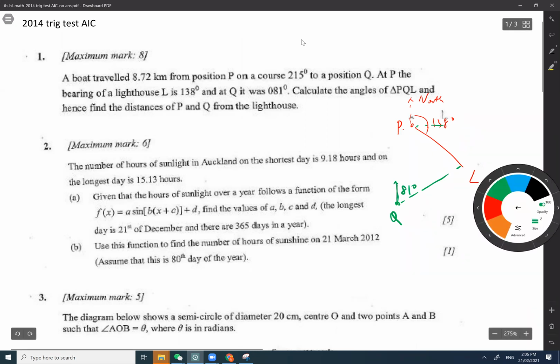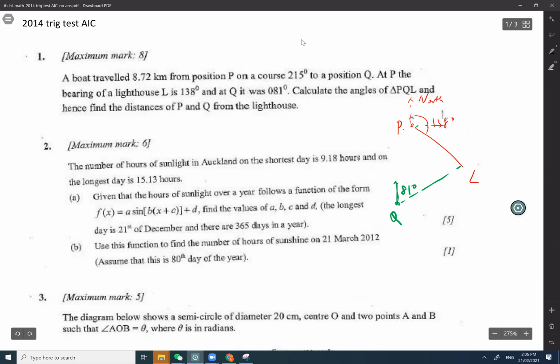P to Q, this angle, 215 degree. Check out if you got the same diagram. If you got the diagram, try to solve it.